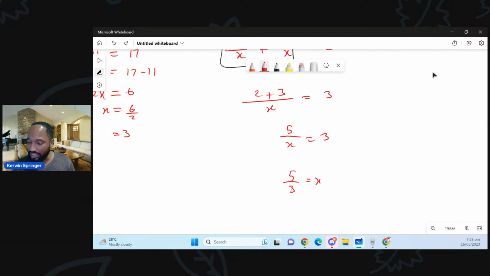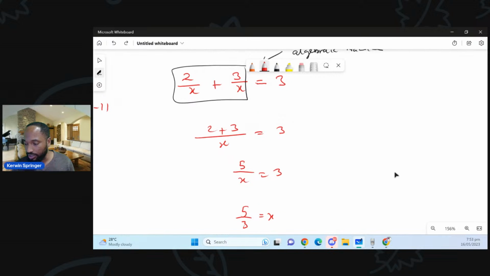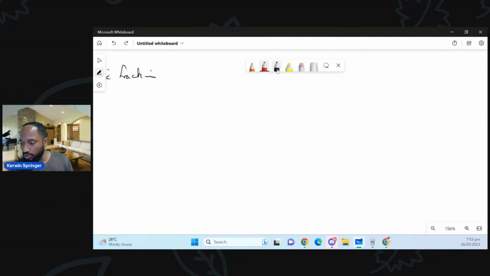So let's look at the next algebraic fraction that is a little more complicated. What if you saw this and they just say express as a single fraction, which is their favorite. Express as a single fraction.